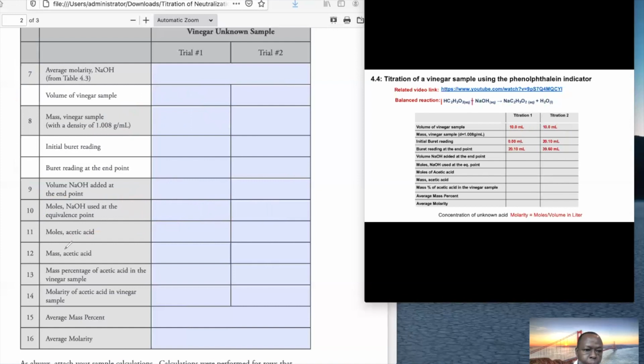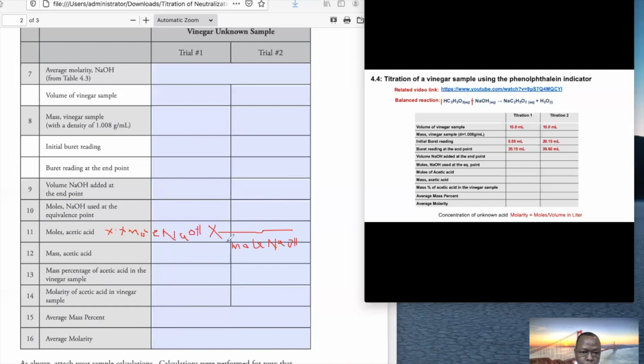So if I know the number of moles of NaOH, this is what I'll do: moles of NaOH, this is the setup, times now the stoichiometry in the balanced equation. This will be moles of NaOH.